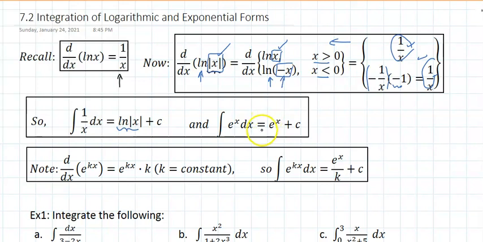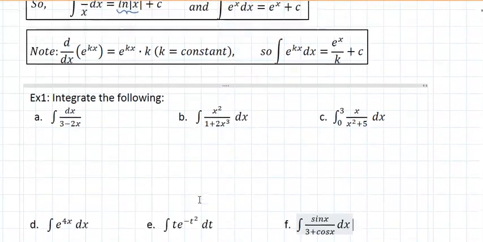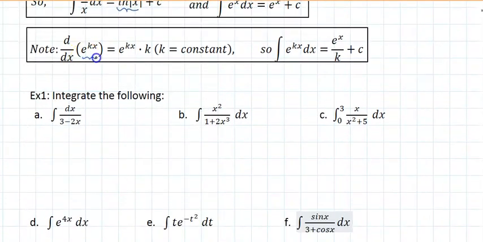Now, the derivative of an exponential function is the exponential function, so the antiderivative is the same. It's really simple. A note that's going to save you some work. Do remember that when you take a derivative of e to the kx, if this k happens to be a constant, that will be the exponential times that k by the chain rule. Antiderivative is undoing a derivative.